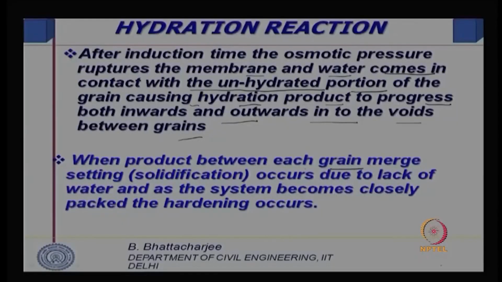Further, the process of more generation of solids takes place, and more hydration product may form and fill in all the voids available within the space. So, when product between each grain merges, setting occurs due to lack of water as the system becomes closely packed, and then hardening would occur.